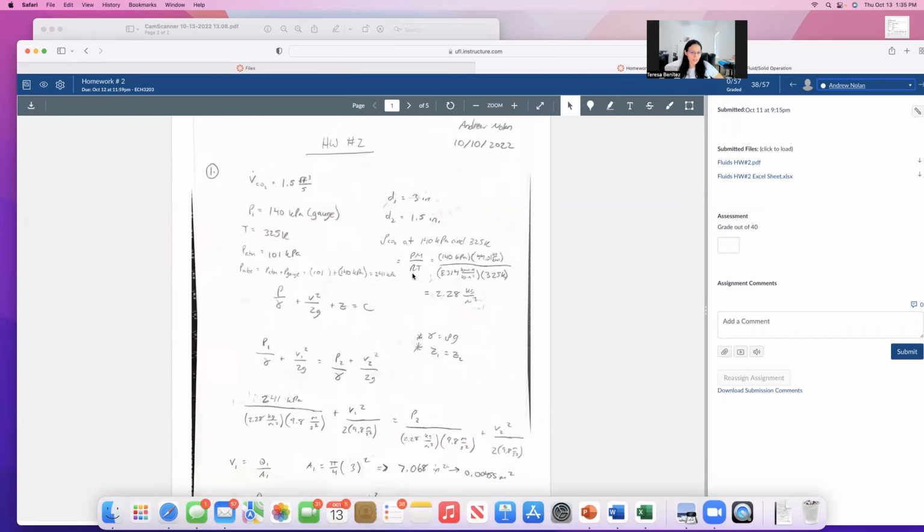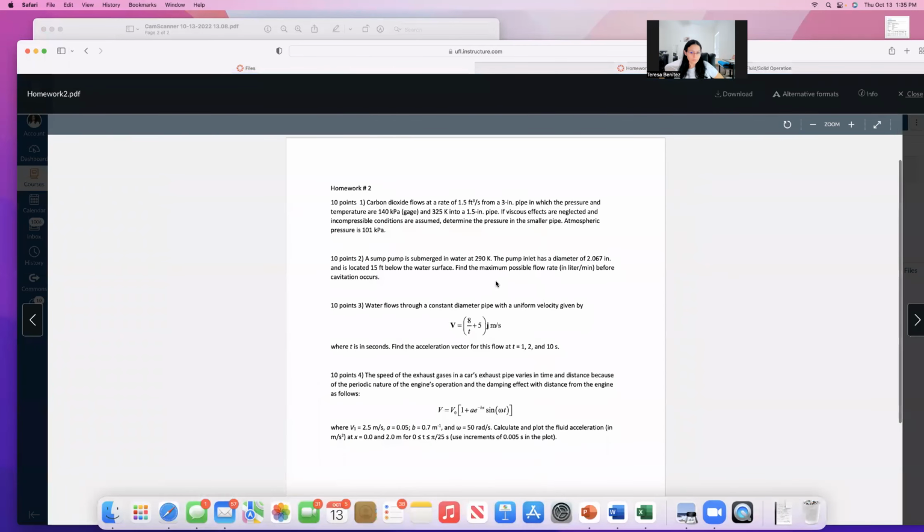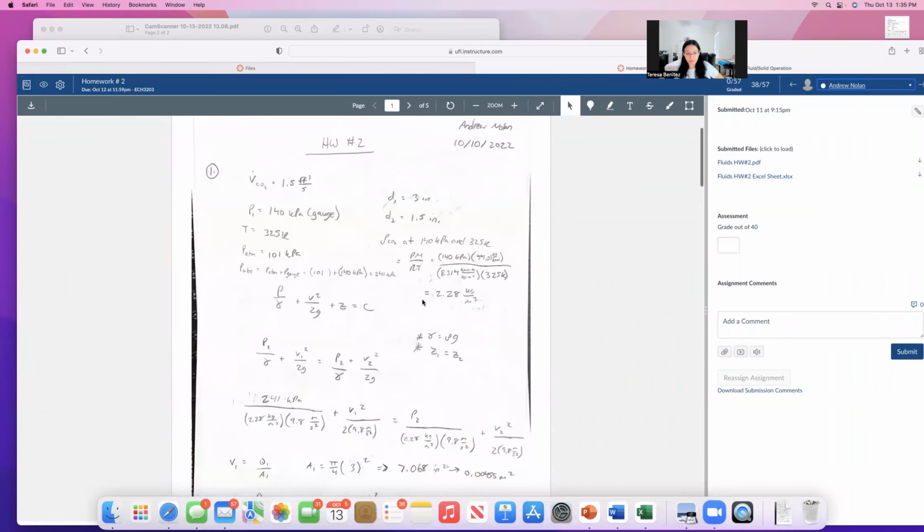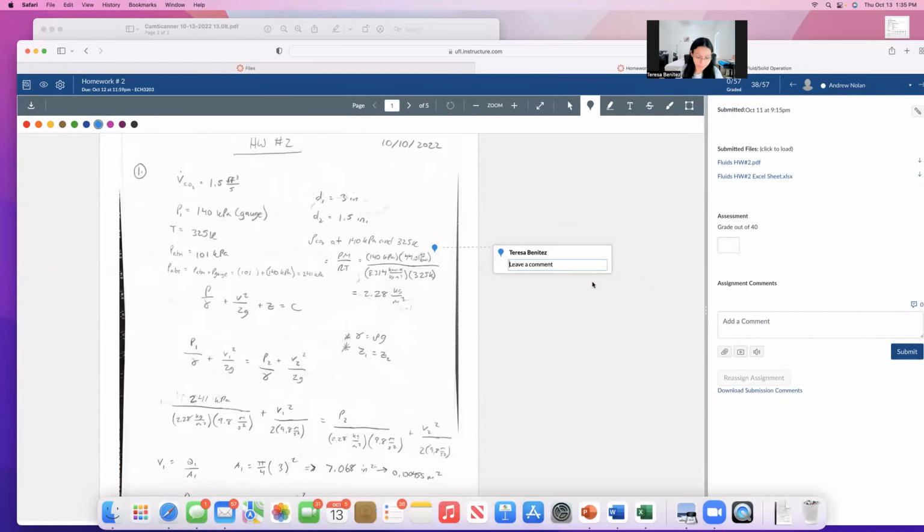Here, when they calculated the density, they used gauge pressure, okay? And they have to use absolute pressure to use that equation. So I will make a comment: density is wrong. Although the equation is right, I take only 1 point off. You need to use absolute pressure in your density equation.